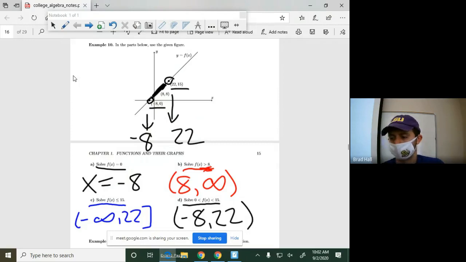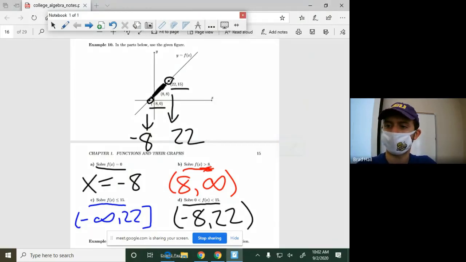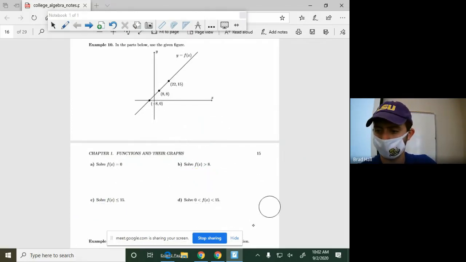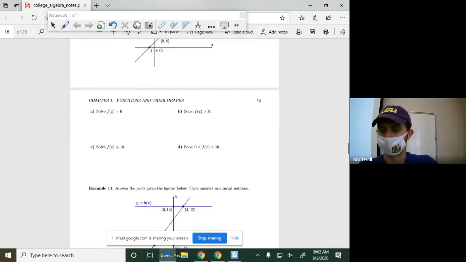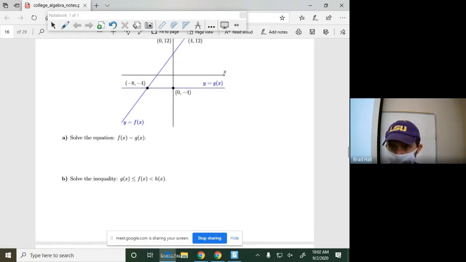Okay, so let's move on to the last question in this section, example 11, which is fairly similar to the one we just did.